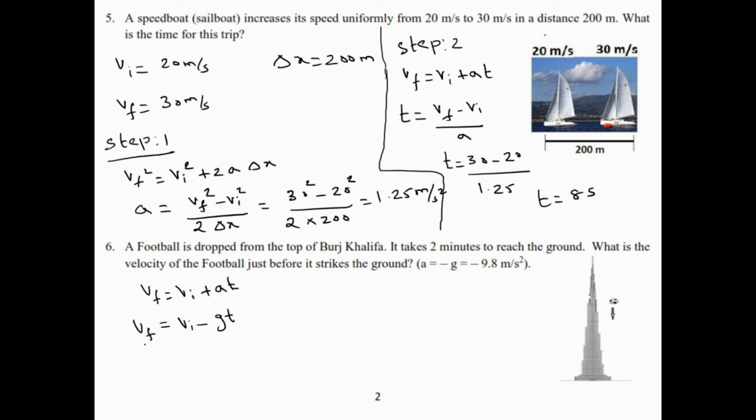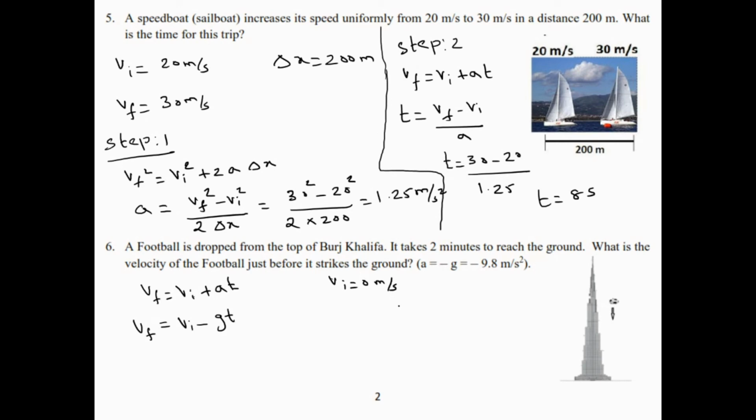What we are going to find is its final velocity. When you drop the ball from the top of the Burj Khalifa, what is its initial speed? Its initial velocity is 0 meter per second.